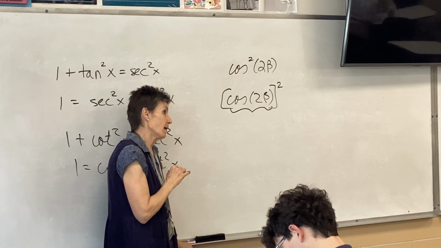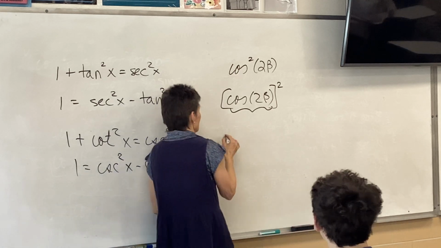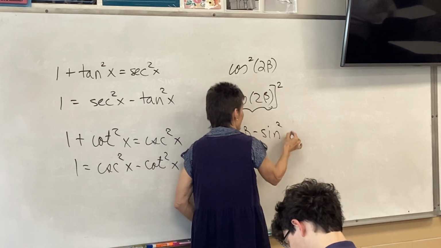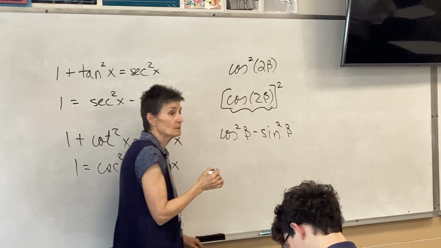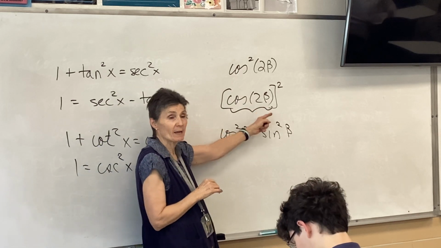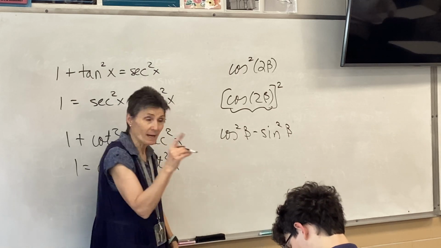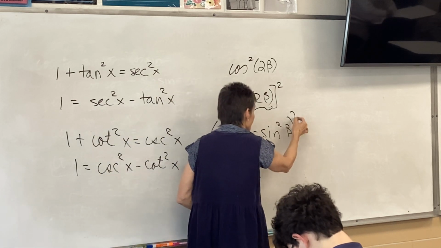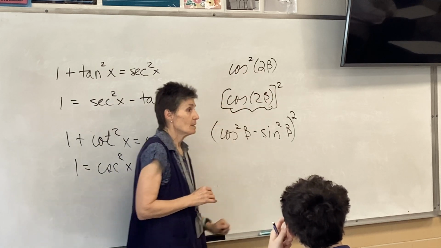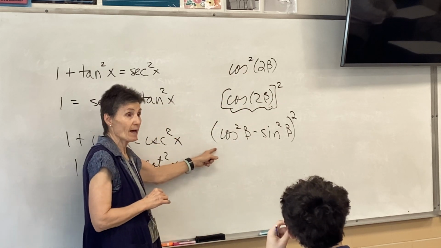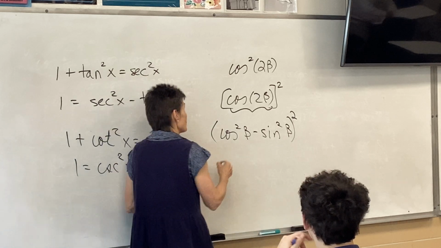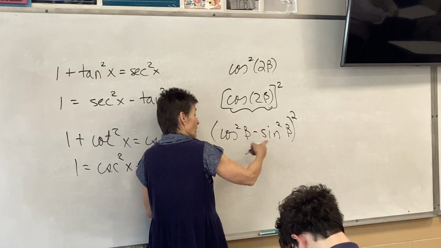One formula is cosine squared minus sine squared. Look on your paper. That's one of the formulas for the cosine of 2 beta. But I need to square that, so I'm going to have to FOIL.